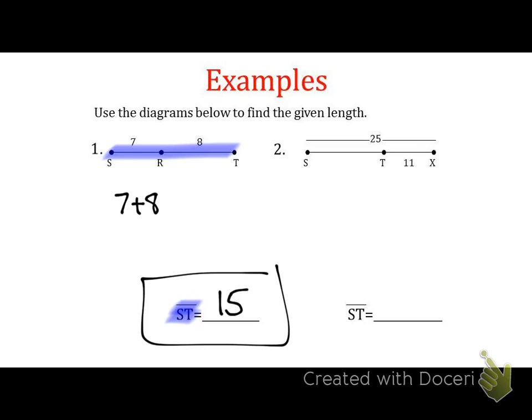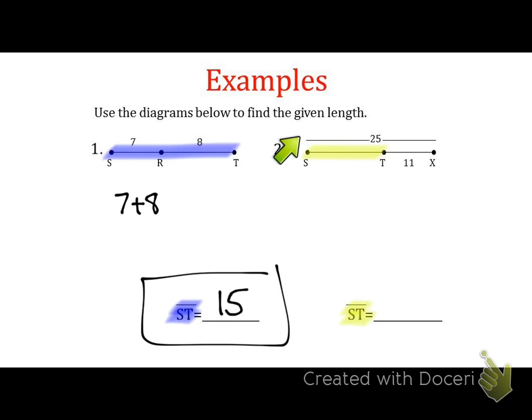Let me get a different color going. So now I'm looking for ST, but ST is a littler segment here. It's not the whole thing. They already gave me the whole thing. The whole thing's 25. So we're going to start with 25. How do you think I'm just going to find this little guy? 20 plus 5?